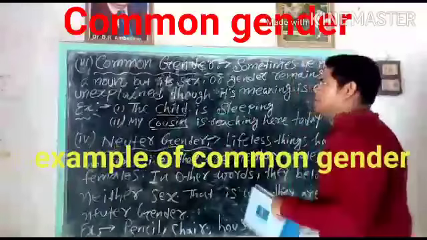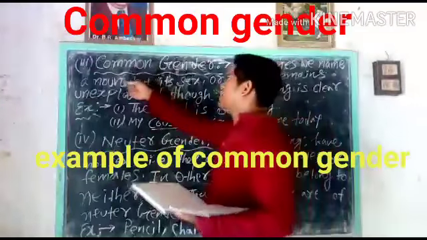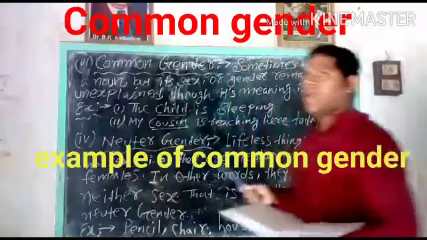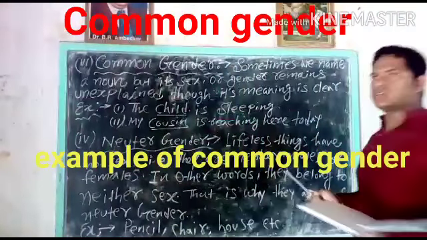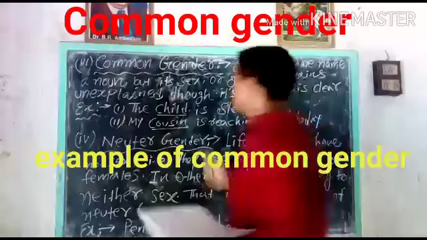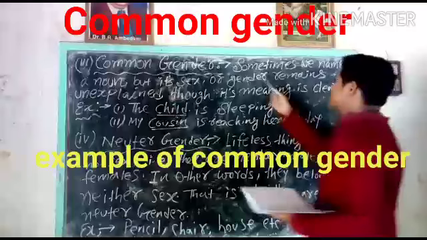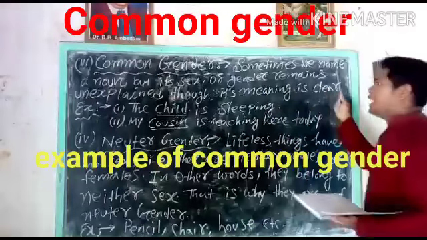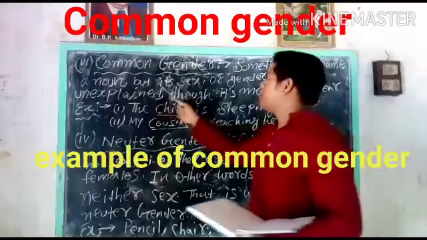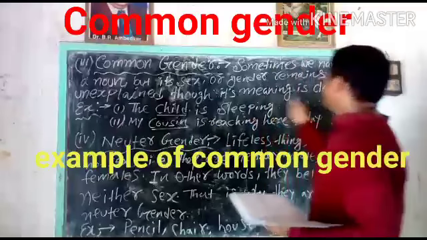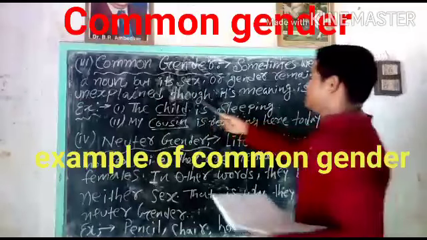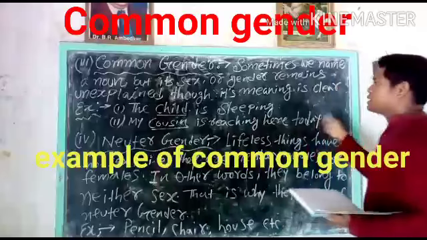Students, number three is common gender, C-O-M-M-O-N. What do we mean by common gender? The definition of common gender is like this: sometimes we name a noun but its sex or gender remains unexplained, though its meaning is clear.